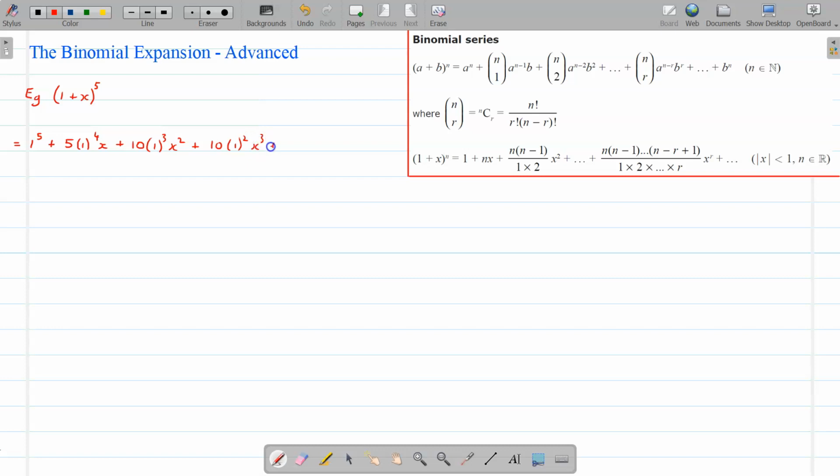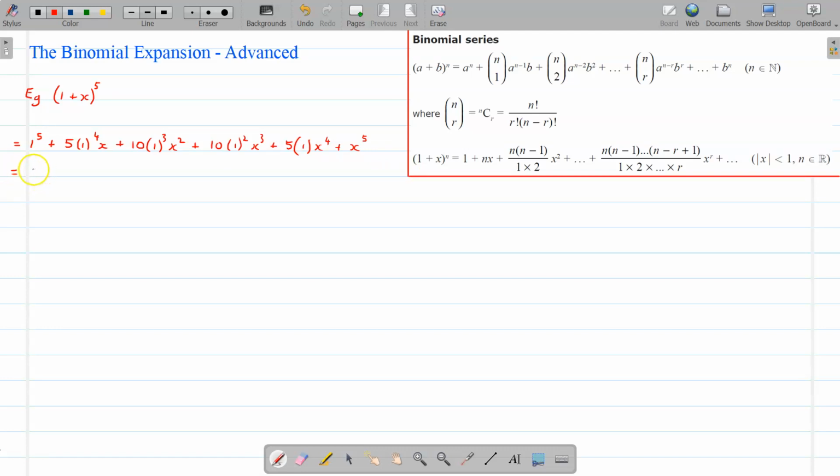Then we're going to have 5c4, which is 5, times 1 times x to the power 4, and finally we're going to have x to the power 5.